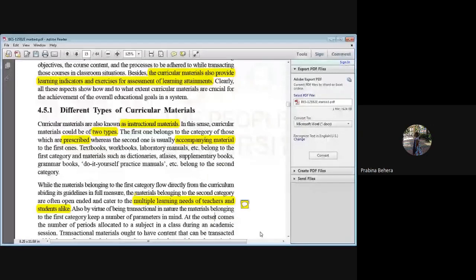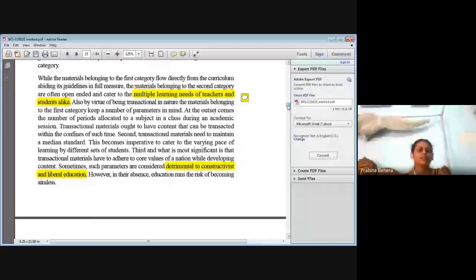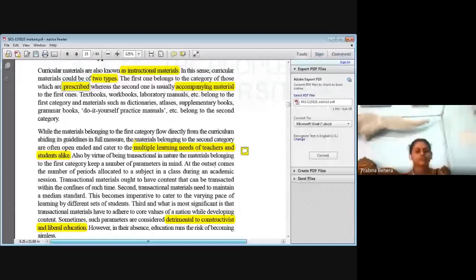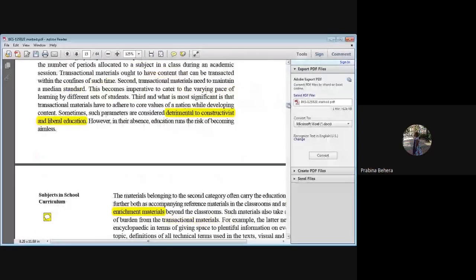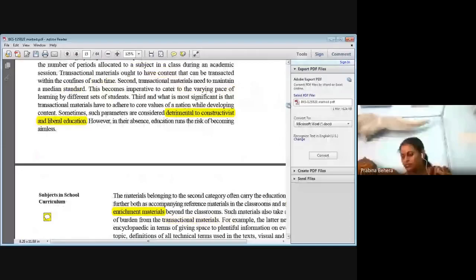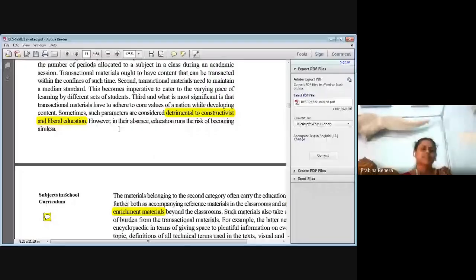Then the reference material, which is accompanying material, supplementary books, etc. They are enrichment material, and there is a limitation of constructivist and liberal education.